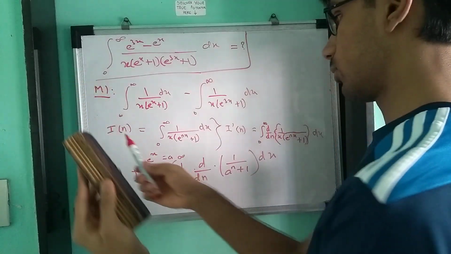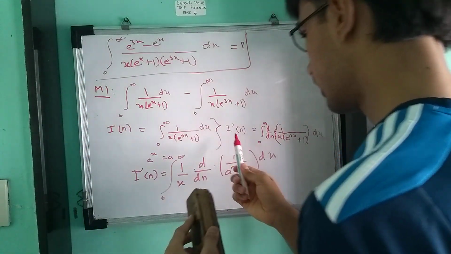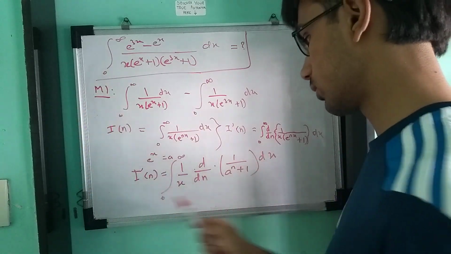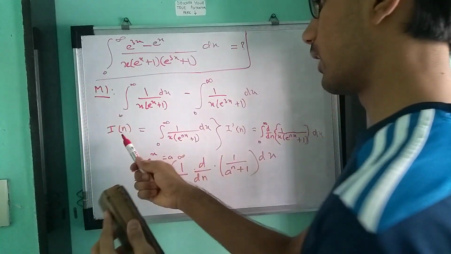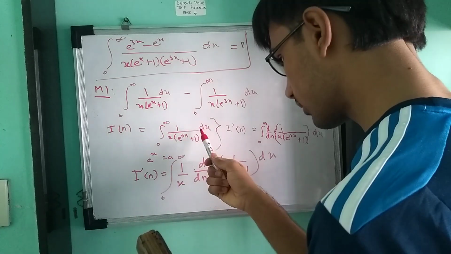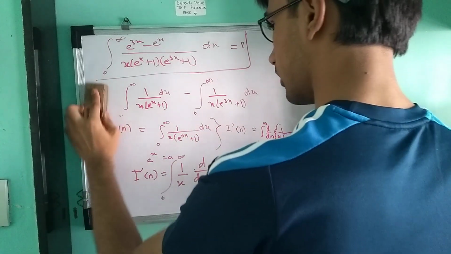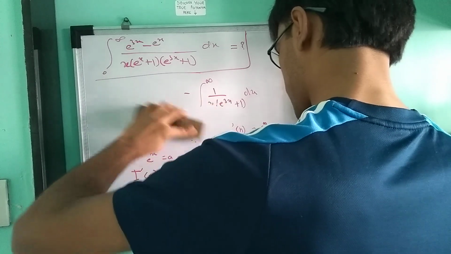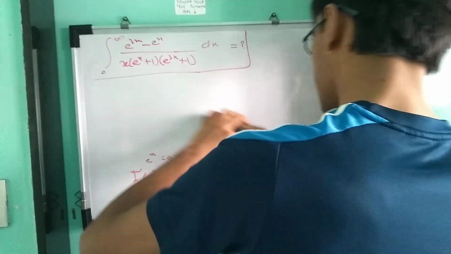I need space, erase the top. So I took I of n as this, I differentiated it with respect to n and got this result. So let's remember, I of n is the integral from 0 to infinity of 1 by x e to the power nx plus 1 dx. E to the power x I have written as a.